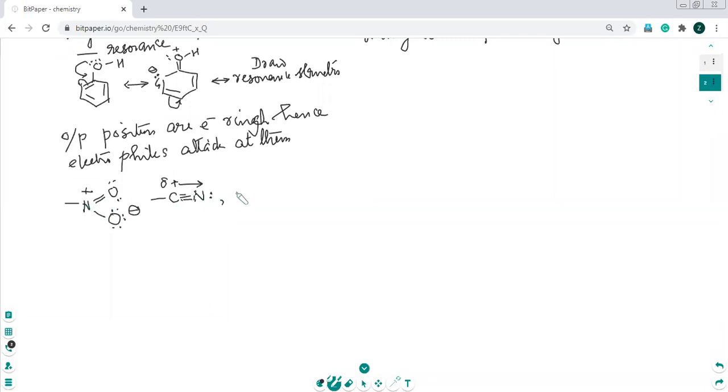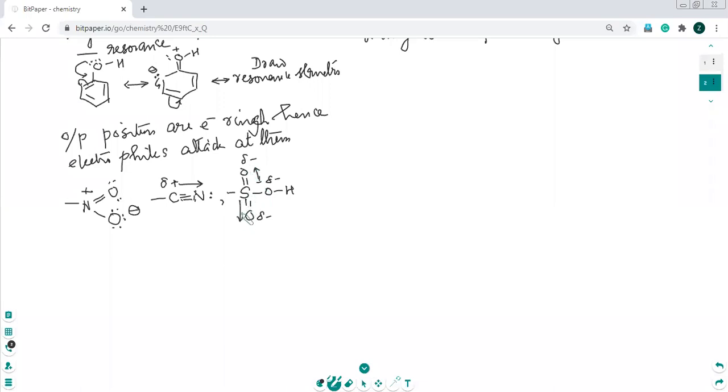Then you have the SO3H group. Again, see here delta negative, and delta negative. Why? Because by inductive effect, sulfur is more electropositive than oxygen.